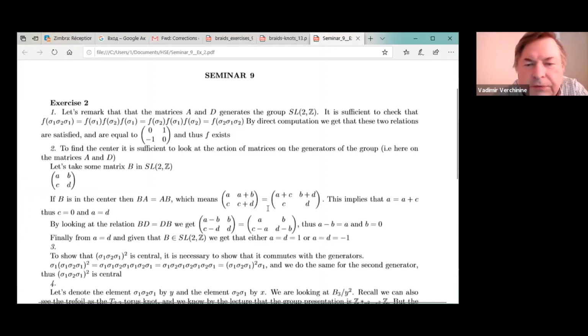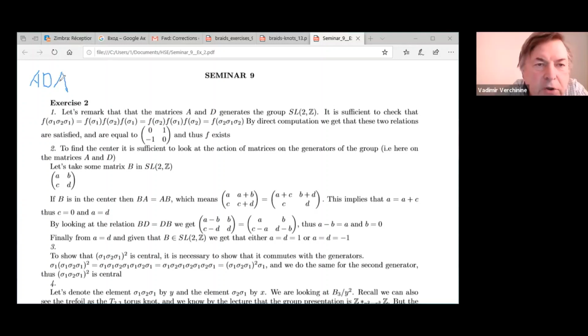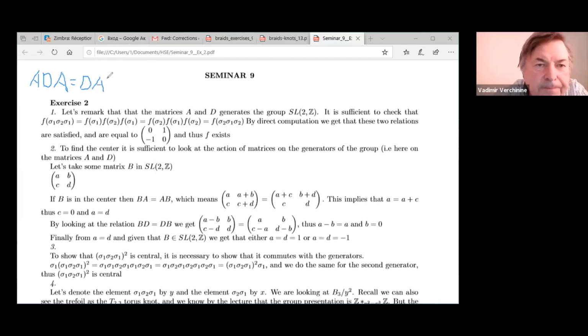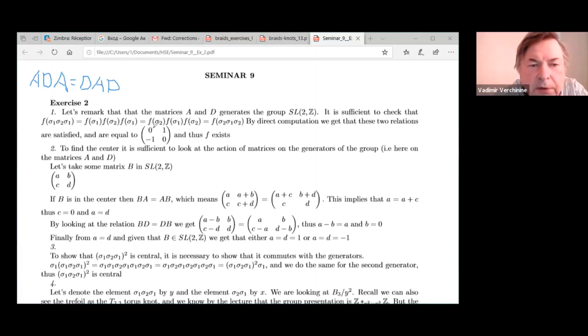So formally we need to do the following: A, B, A equals B, A, B. So this is a concrete work in these matrices. You need to verify this.